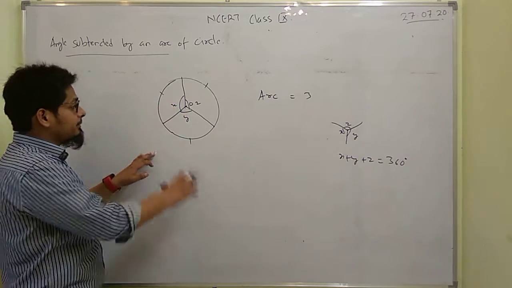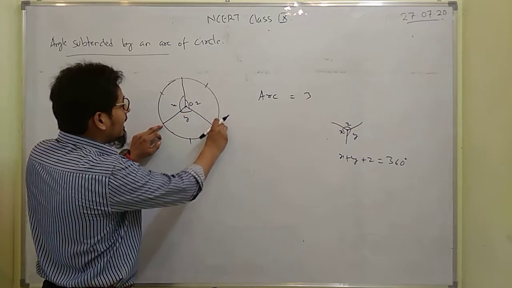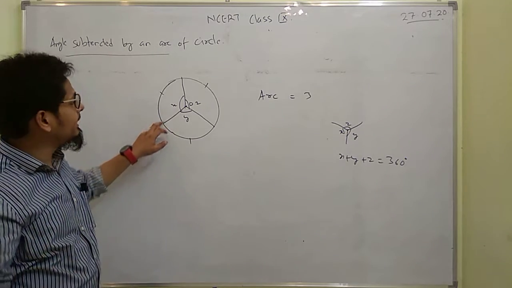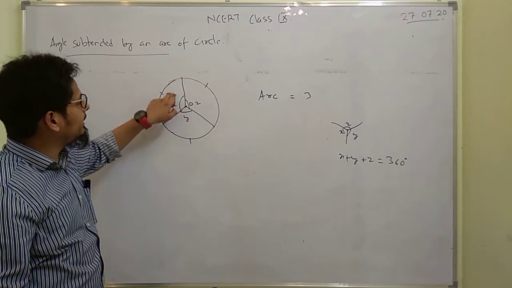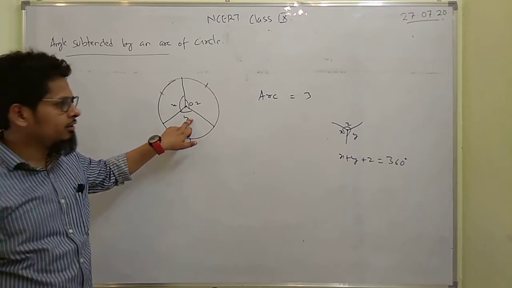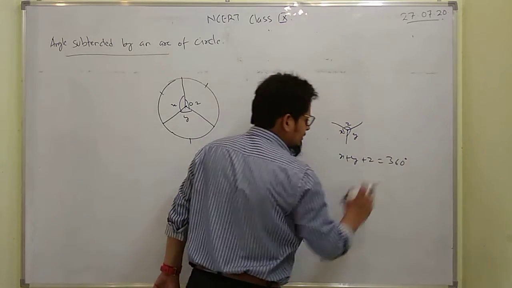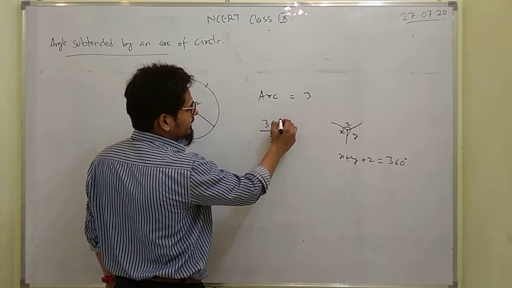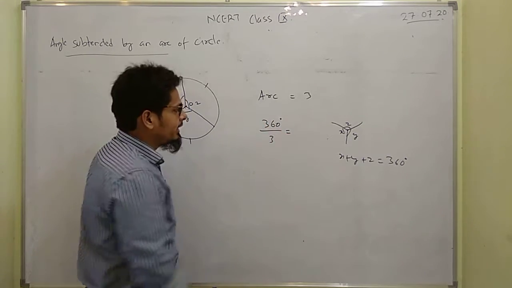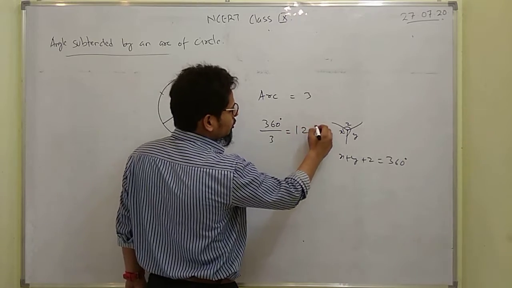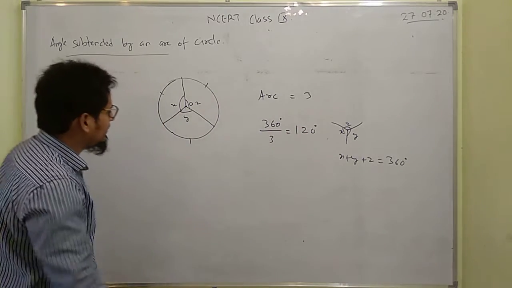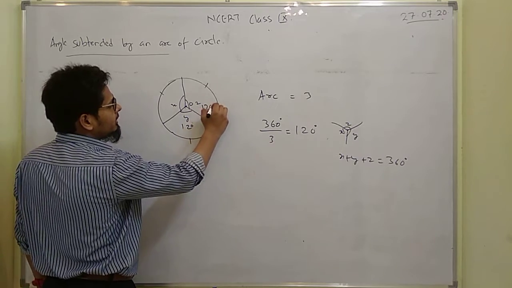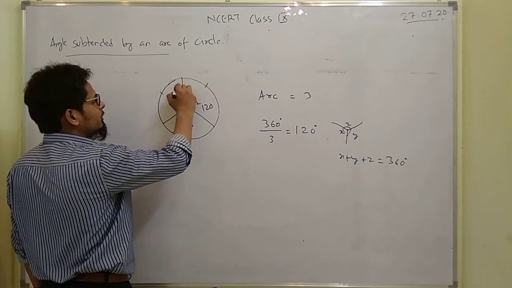Because if the arc lengths are equal, the size of the angle at the center will also be equal. So the sum of all angles is 360. If you divide 360 by 3, what do you get? We get 120. So each angle will be 120 degrees, 120 degrees, 120 degrees.